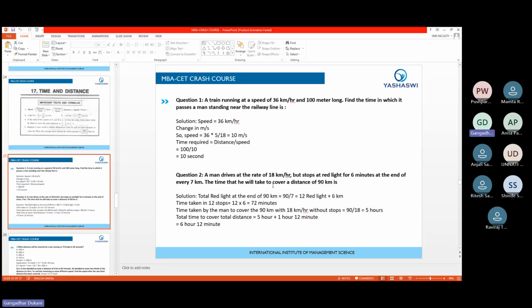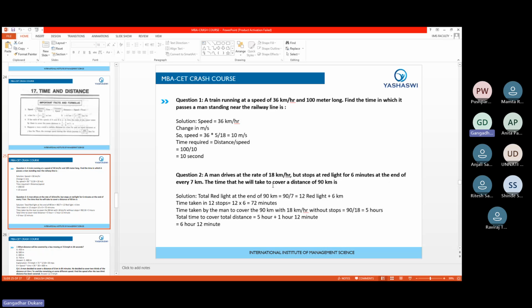So that is 12 red lights. The time taken is 12 into 6 minutes, that is 72 minutes.